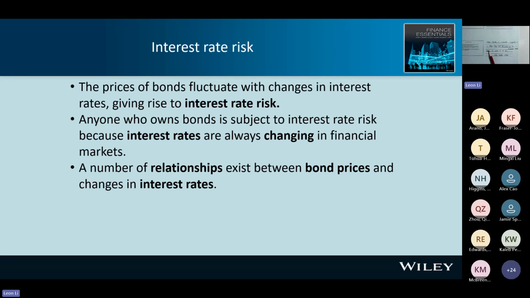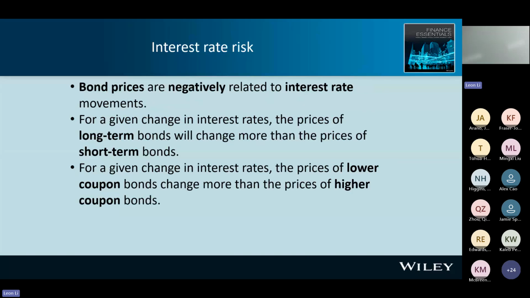However, after the issuance date, the market rate will change either up or down. Therefore, we have interest rate risk. All right. So now we are going to show you the relation between bond price and the interest rate. The idea is bond prices are negatively related to interest rate movement.